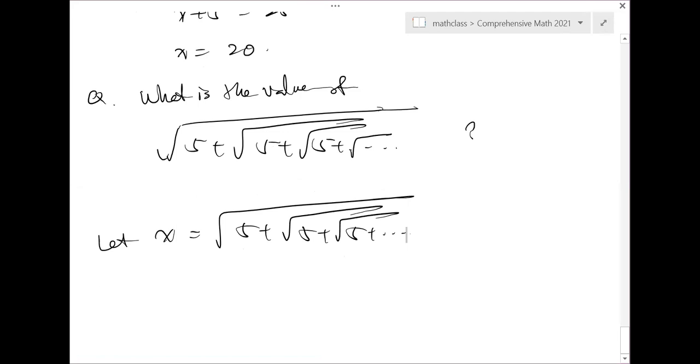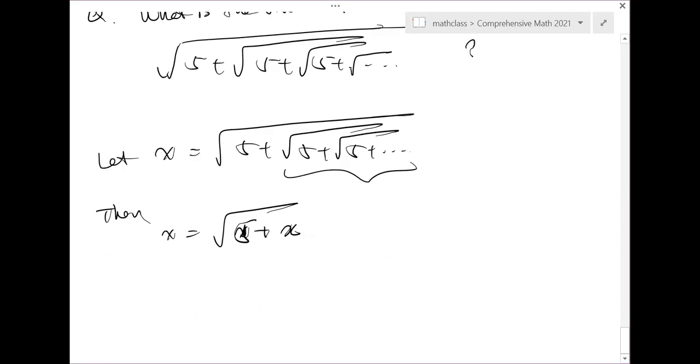Then this part is the same as the original one. So x is going to be the square root of 5 plus x, because this part can be replaced by x, the whole expression. Although it looks like it's inside, it's the same copy. Infinity minus 1 is still infinity. So this part is repeated with infinitely many radicals, and then you square both sides.